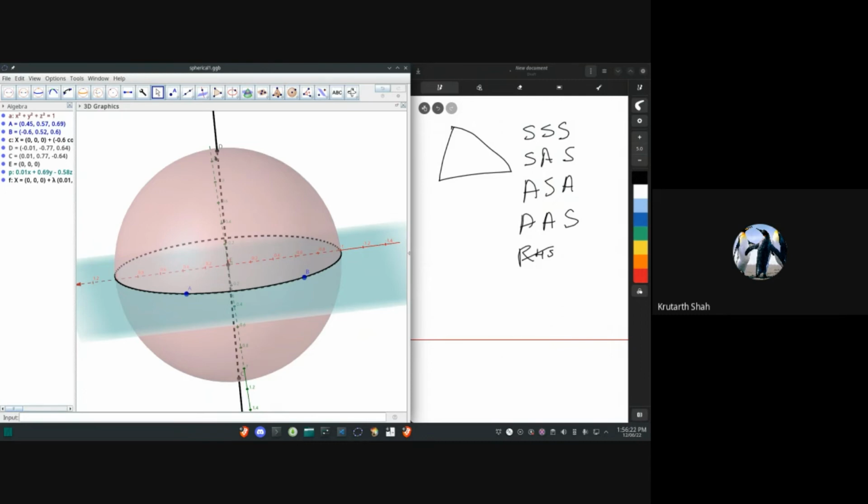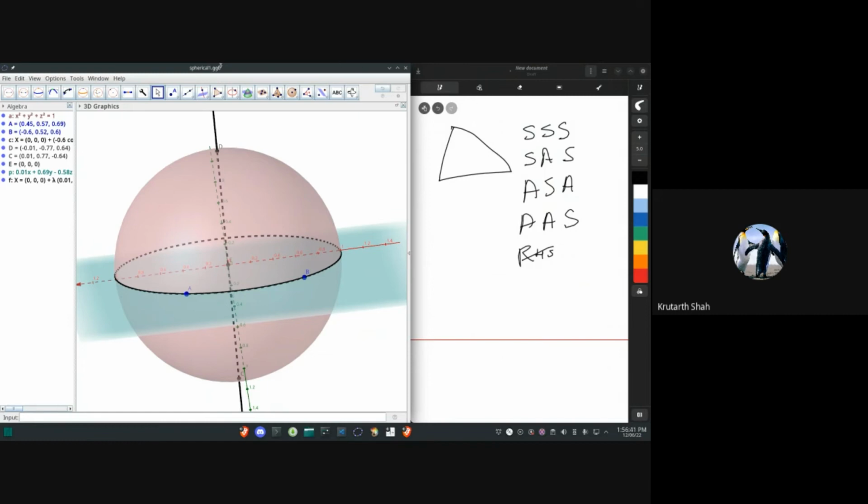And polars are defined in the exact opposite way. If I have a point, I consider the plane perpendicular to the line joining the point and the center. The place where it meets the sphere is the polar of the point.